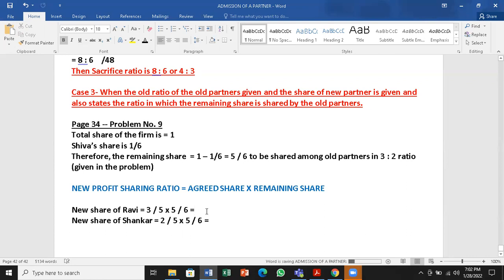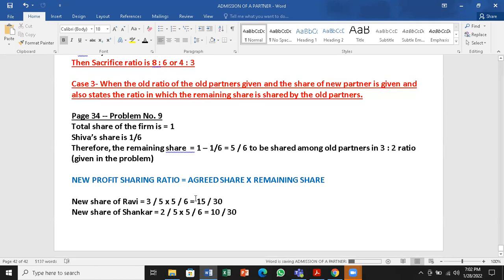Now multiply numerator into numerator, denominator into denominator. First, Ravi: numerator is 3 into 5, 15, divided by the denominator 5 into 6, 30. Next, Shankar: numerator is 2 into 5, 10, divided by 5 into 6, 30.